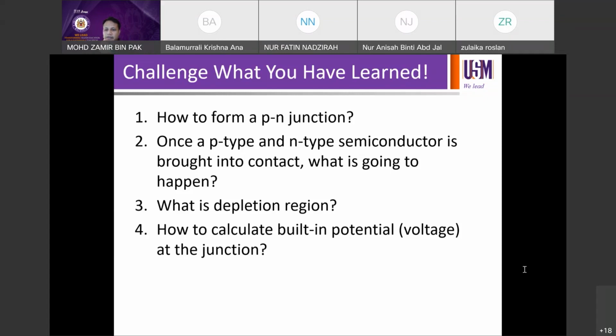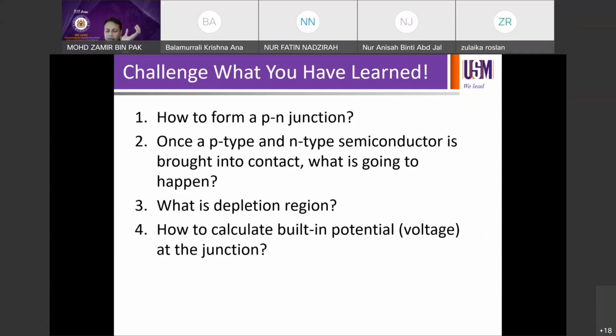Okay, positive and negative ion cores form on both sides. And then slowly an electric field forms at the junction, forming a barrier, right? As a result, further diffusion of electrons and holes is stopped. Drift occurs due to the presence of the electric field.